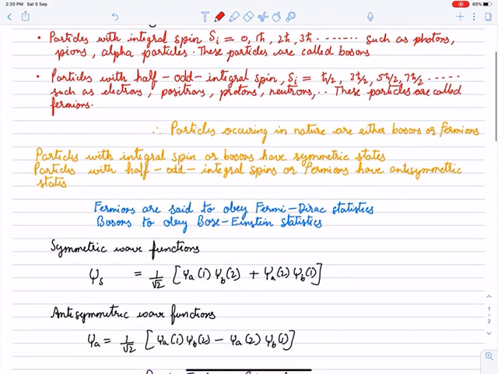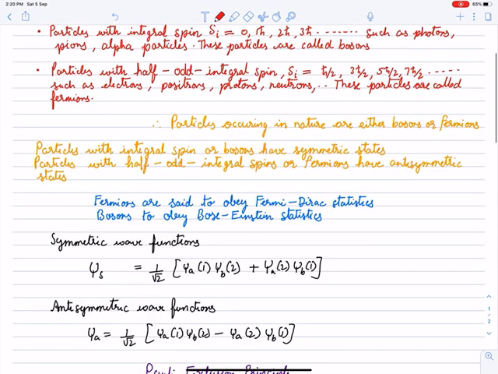Now here I have shown what a symmetric wave function and an antisymmetric wave function are. The symmetric state is 1/√2 [ψa(1)ψb(2) + ψa(2)ψb(1)].